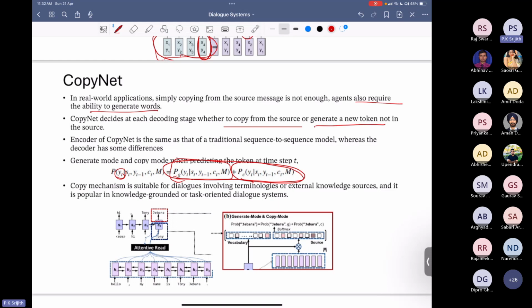At some stage of the decoder, you might end up learning that weight to be higher for the generator, and it generates a new word. And at some stage of the decoder, the weight could be higher for the copy component, and it just copies one of the words in the input as the output. And it makes use of both these components, the copy component and the generator component, to generate the system response.